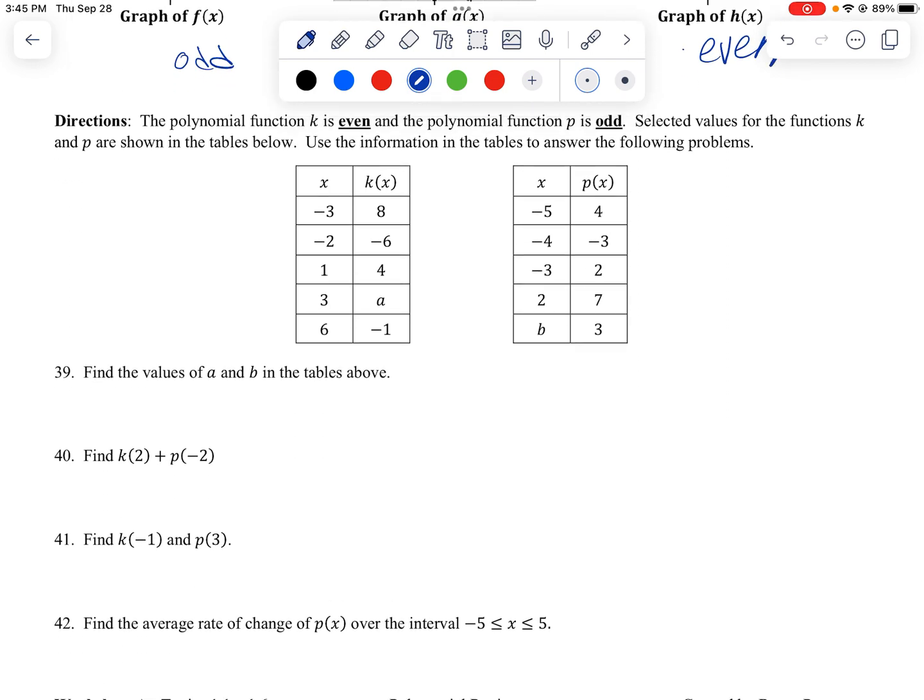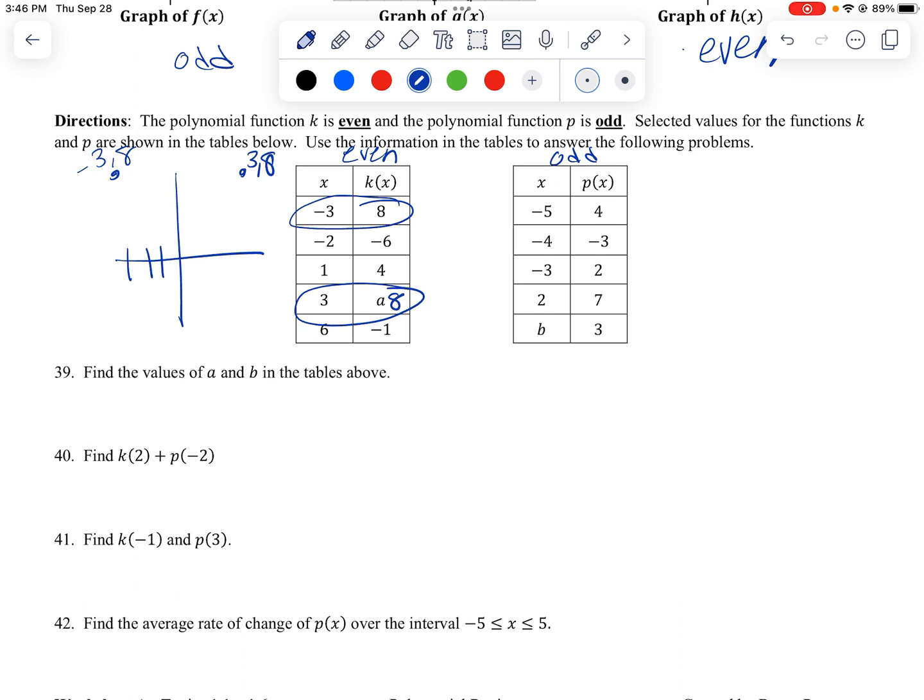All right, the polynomial function K below is even, and polynomial P is odd. So this one's even, and this one's odd. So we've got to figure out what A would be. Well, I know if it's even, it has to be the same. So this would have to be 8. Because, again, if I was to flip this over, negative 3 and 8 is up here, so that means over here has to be 3 and 8.